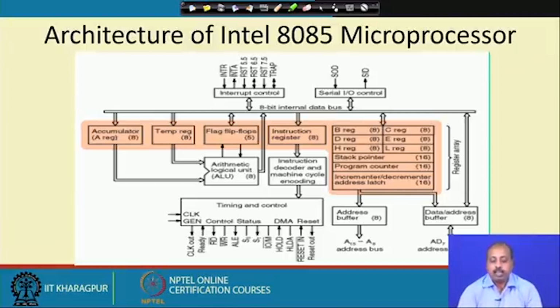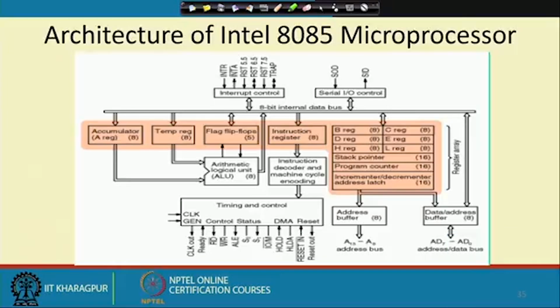In that case, I have got register pair B, which consists of the registers B and C, making a total of 16 bits. We have got register pair D, and H, HL as a pair. So, these are all individually 8-bit registers, but when you take two of them together, they make a 16-bit register.